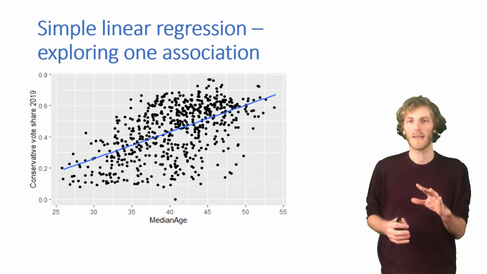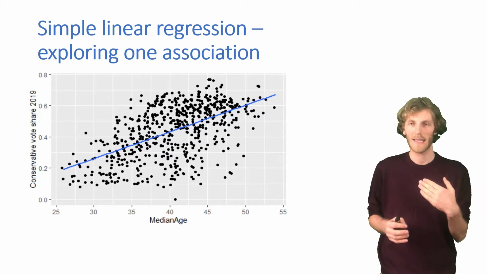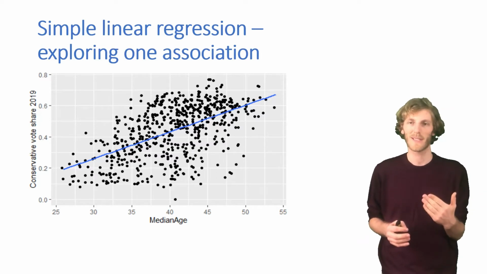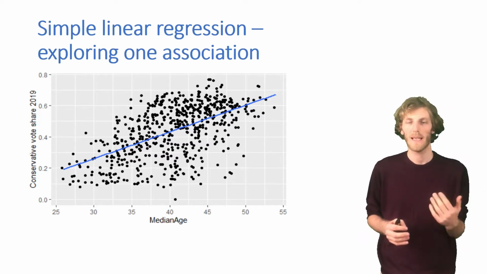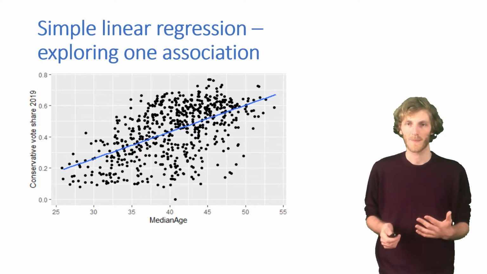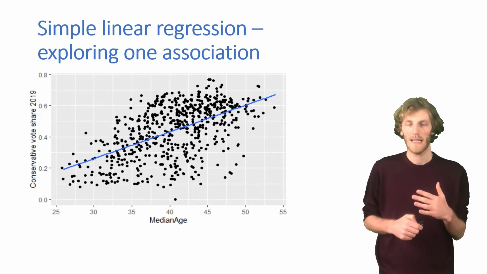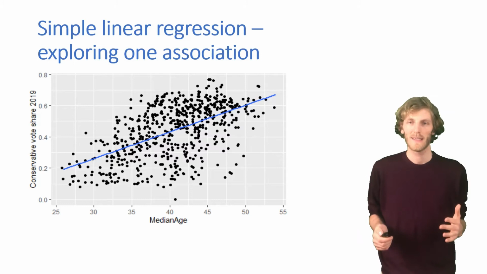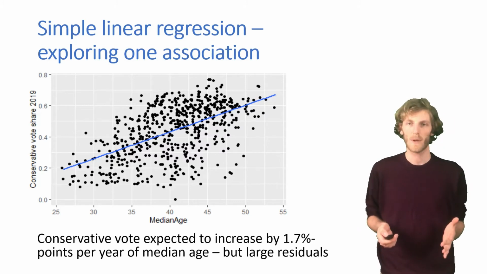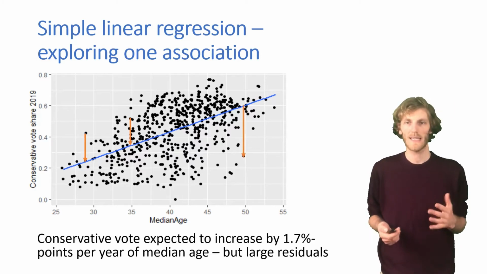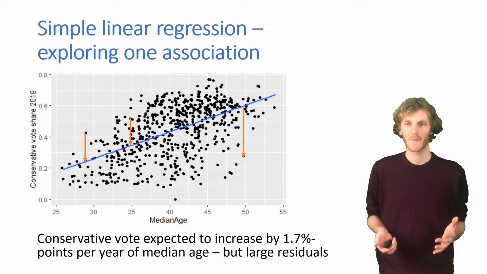Once we see such points, we can try to fit a line through them, and that line of best fit that's as close as possible to the points is then the regression line. It doesn't explain the data perfectly, since for that all the points would need to be on the line. Instead, each point has a residual associated with it, so a distance from the line.